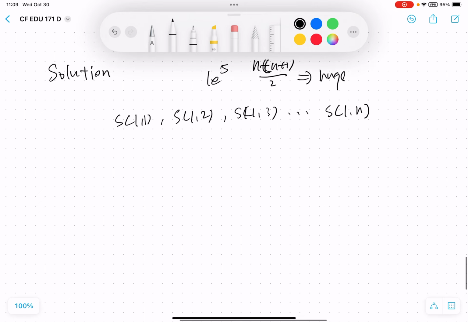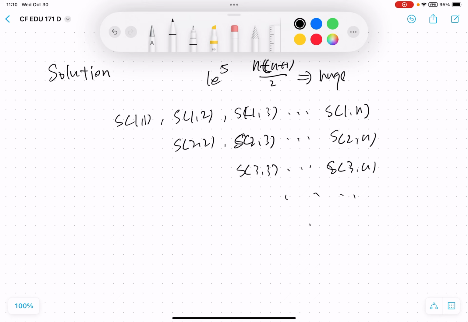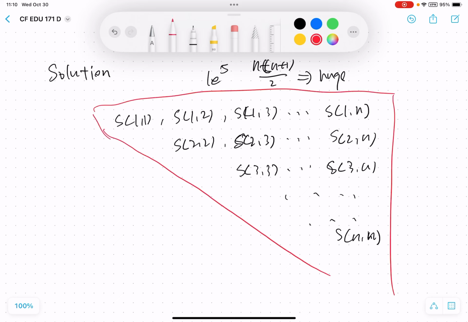This is the first line of array B. Second line is S(2,2), S(2,3), till S(2,n), and the next section S(3,3), till S(3,n). The last will be S(n,n). This is another form of array B. We can make it a very huge triangle.